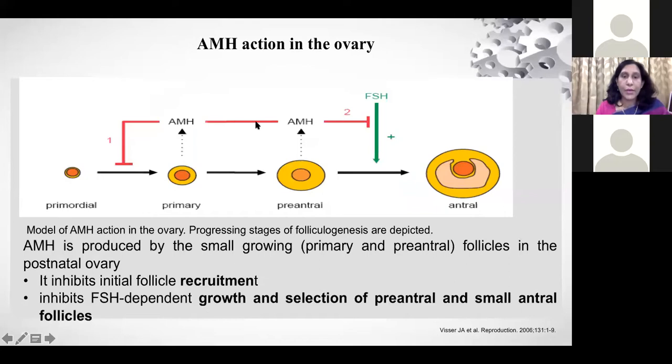So if we look into the AMH action in the ovary, AMH is produced by small growing primary and preantral follicles in the postnatal ovary. It inhibits initial follicle recruitment. This is the number 1 point, and it also inhibits the follicle stimulating hormone dependent growth and selection of preantral and small antral follicles.